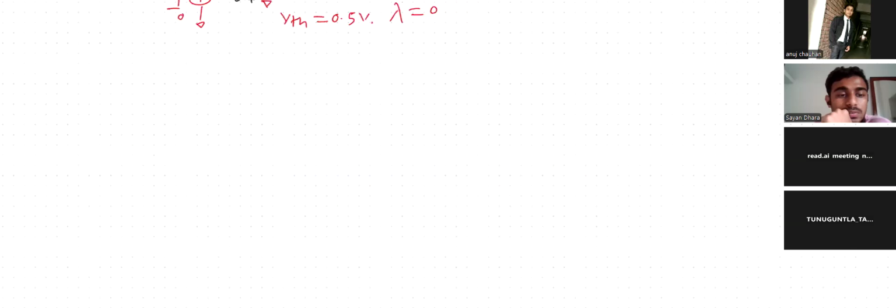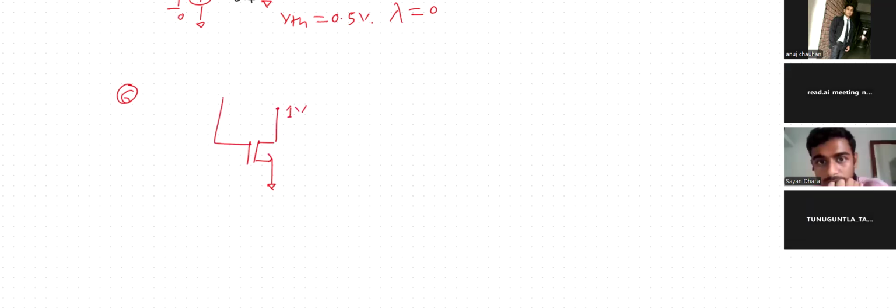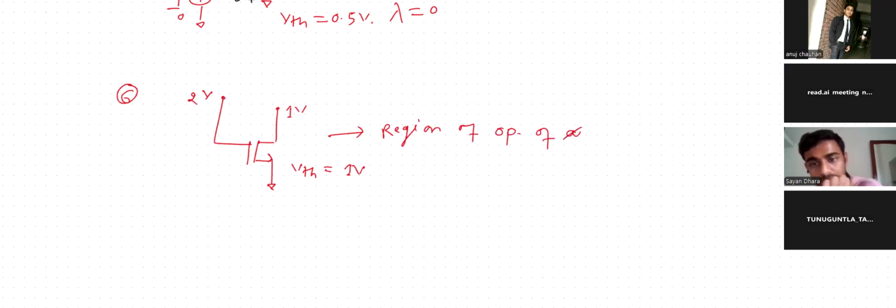One simple question I'll take. Okay. So the region of operation of the MOSFET. Let's take VT as 0.5 volt.